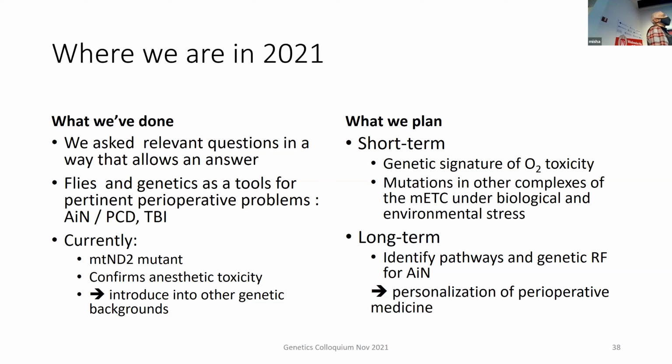This is not known, even though I said in the beginning that only complex 1 has a clear phenotype, but this is in kids and in C. elegans. They've never looked at what happens with aging, or when you expose them to a hyperoxic atmosphere, which is the standard treatment that you get in the operating room.